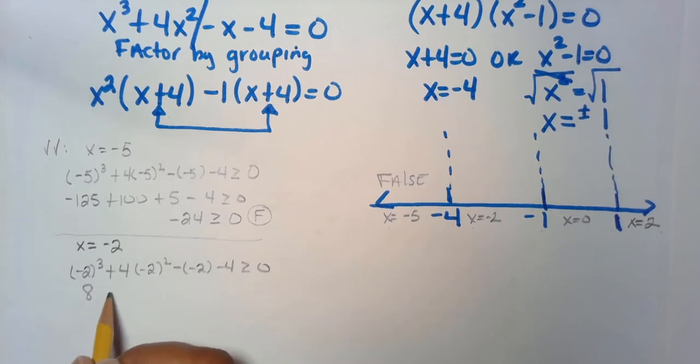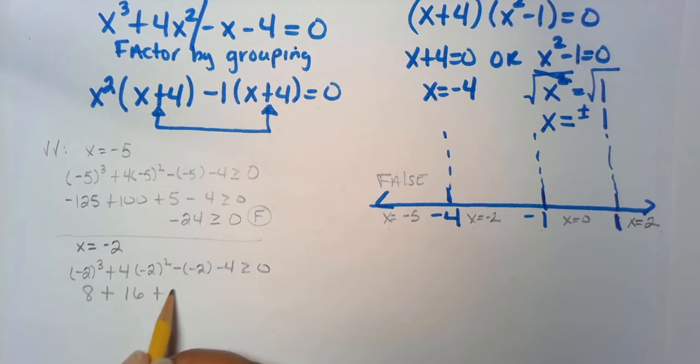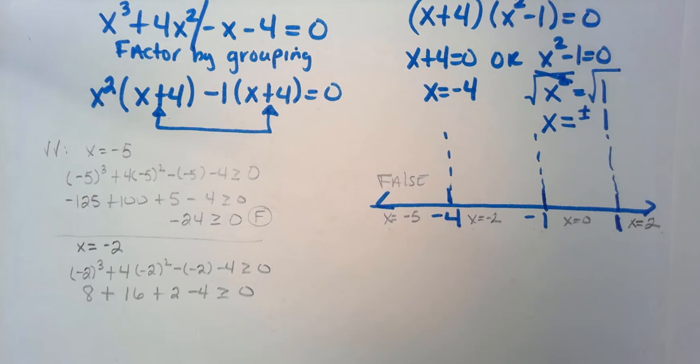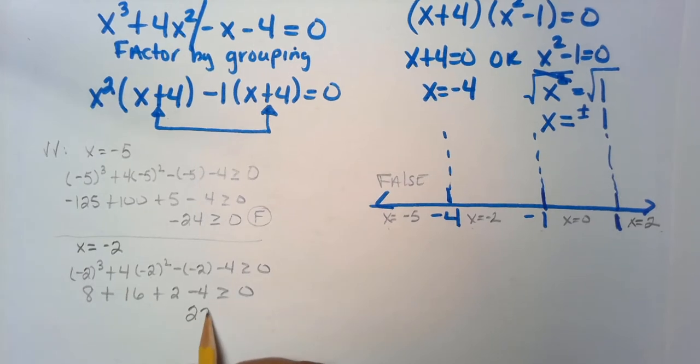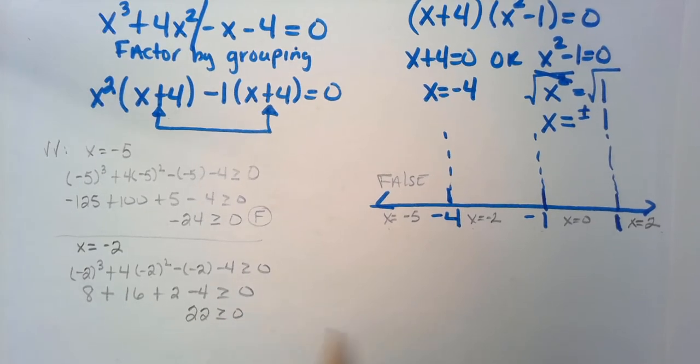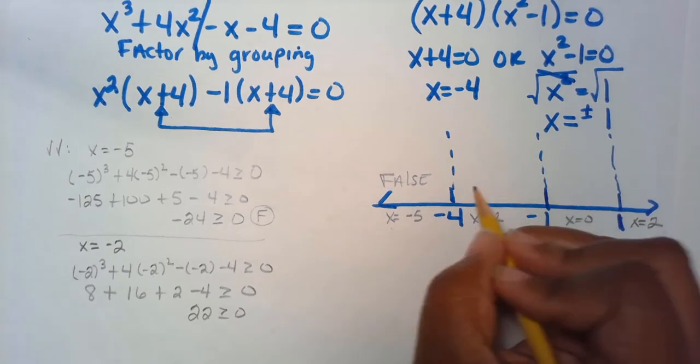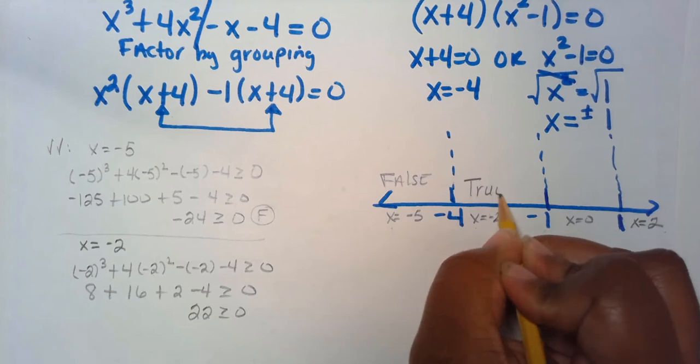We have 8 plus, this is going to be 4 times 4, 16, plus 2 minus 4, greater than or equal to 0. So 8 plus 16 plus 2 minus 4 is 22, greater than or equal to 0. Is that a true statement? Yes, so we're going to say true here.